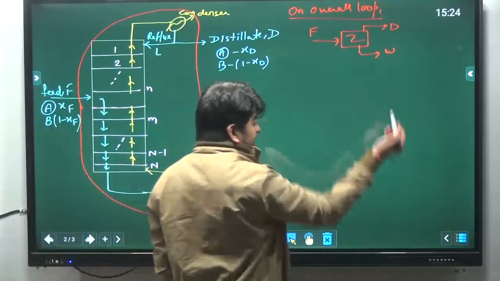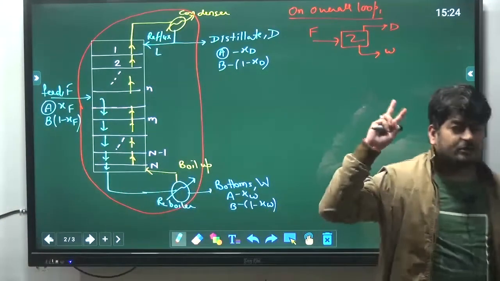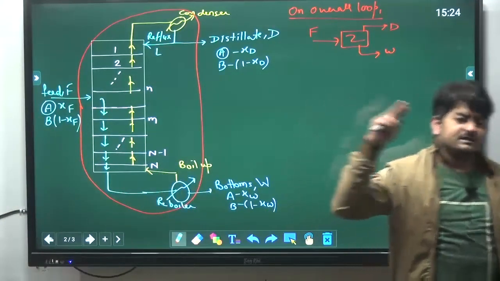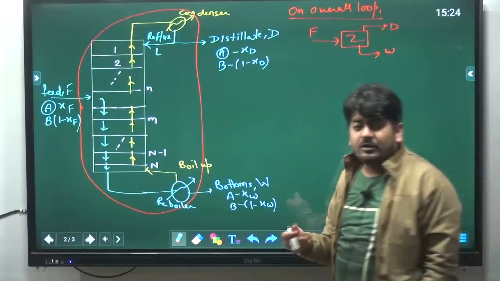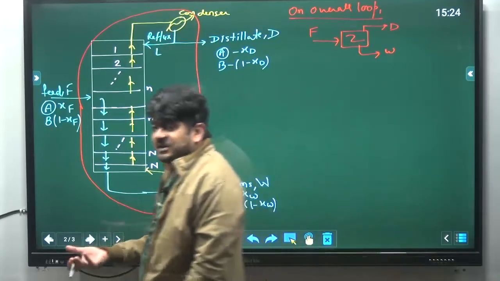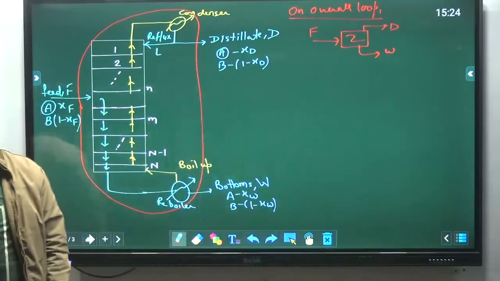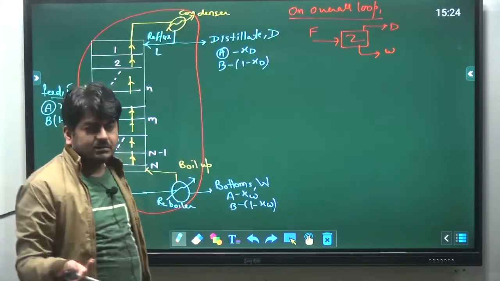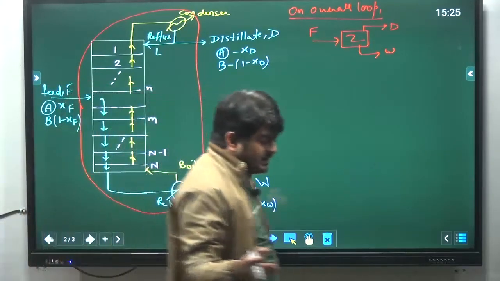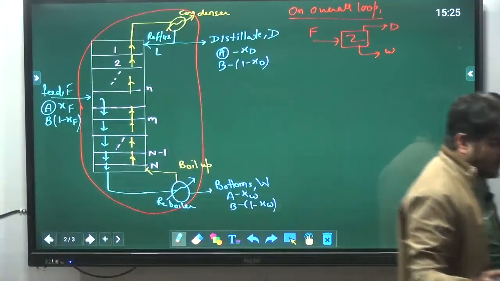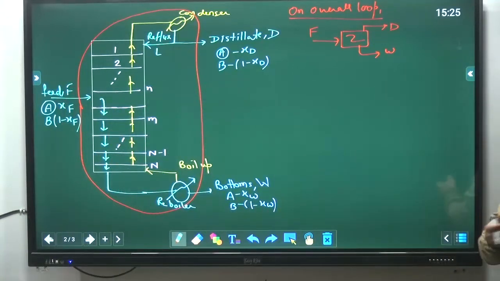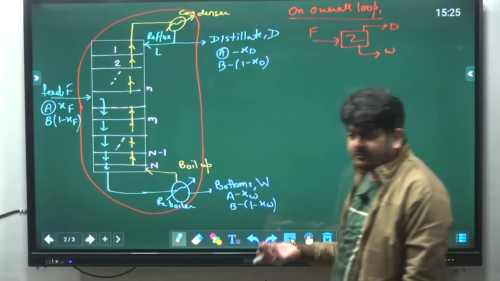And here, whenever we do material balance, remember we do it in two ways: one overall, second for component. And what is the material balance equation at a steady state? Rate of material in equals rate of material out. For unit operations, as there is no chemical reaction involved, no material will be generated, destroyed or converted.